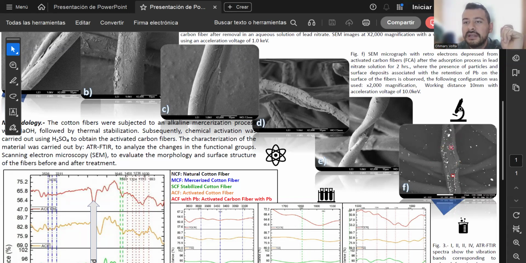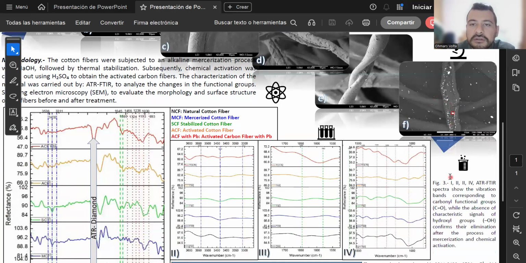In this case, this part that is very bright, maybe in white color, corresponds to particles of lead. And well, the fiber is still a fiber.